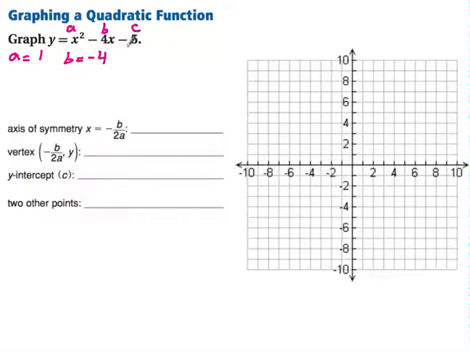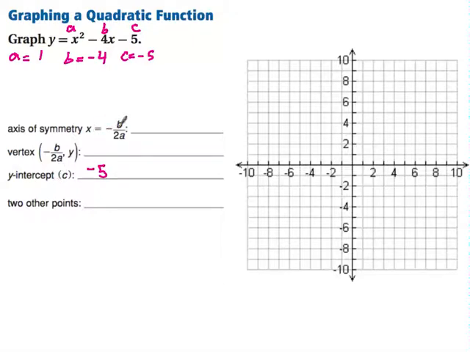And here the value of c doesn't have a variable, so it's not a coefficient; the value of c is -5, so c equals -5. So the y-intercept is c, and that's -5, so it's one piece of information down, and we're going to use it later on to graph the parabola.